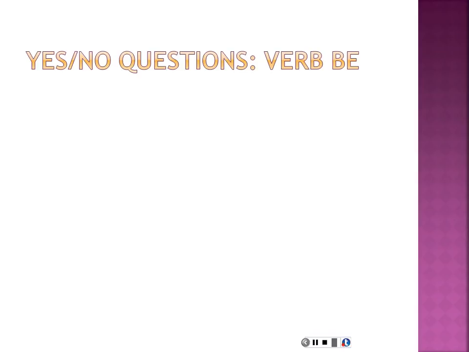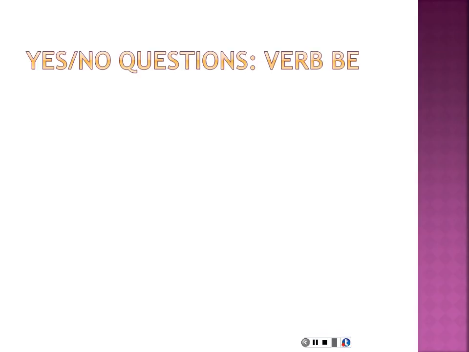Yes/no questions means that the answer to the question starts with yes or no. عندما يكون عندنا أسئلة نعم أو لا يكون هذا يعني أن نوع هذا السؤال يتطلب إجابة تبدأ بنعم أو لا, yes or no. So how do we form this question using verb be? كيف نقوم بتكوين سؤال باستخدام أفعال الكون.